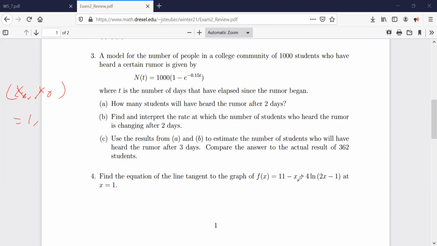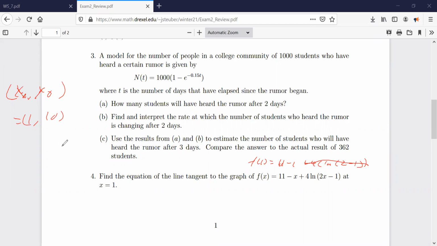If I do f of 1, that is 11 minus 1 plus 4 times ln of 2 minus 1. Ln of 2 minus 1 is ln of 1, and ln of 1 is 0. So this guy disappears, and then I just get 10.